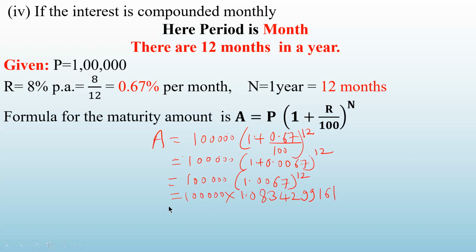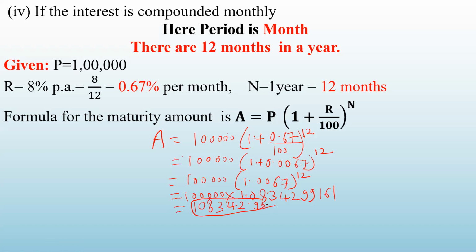When you multiply it by 1 lakh, you get 1,08,342.99. This much you get.